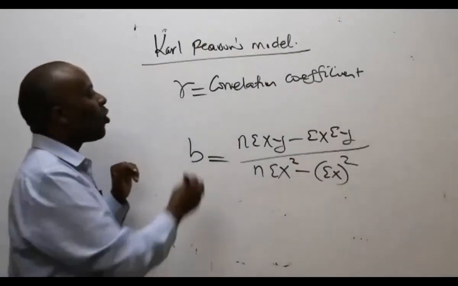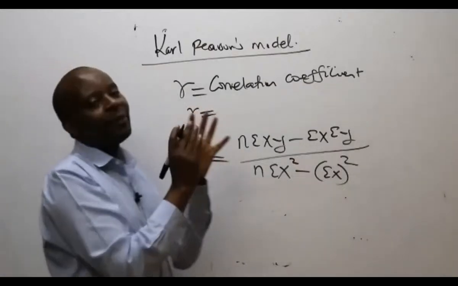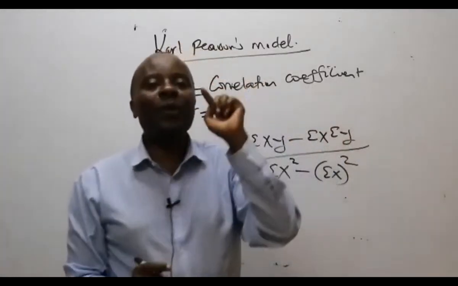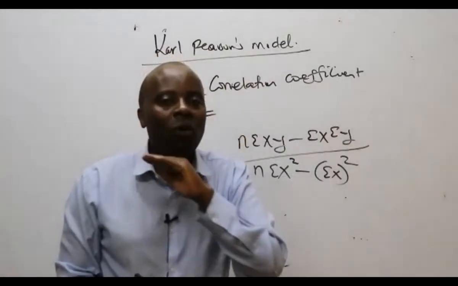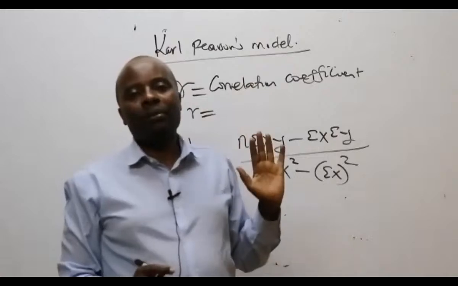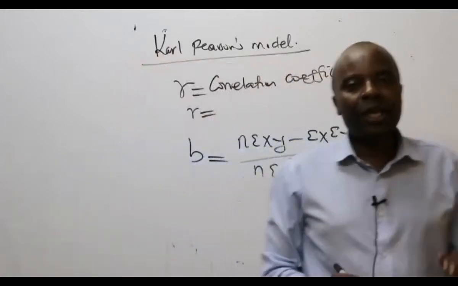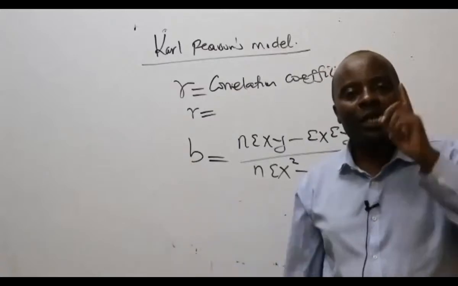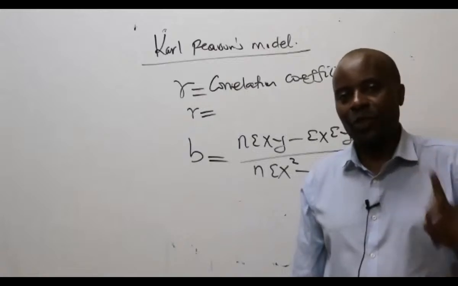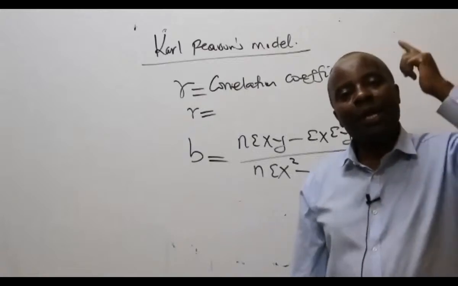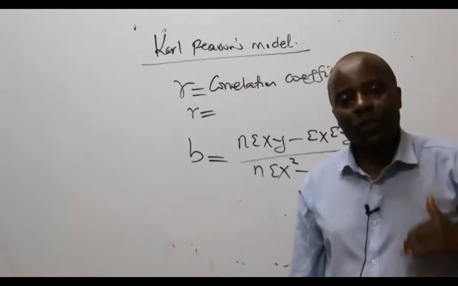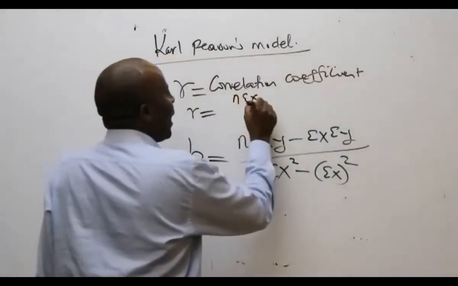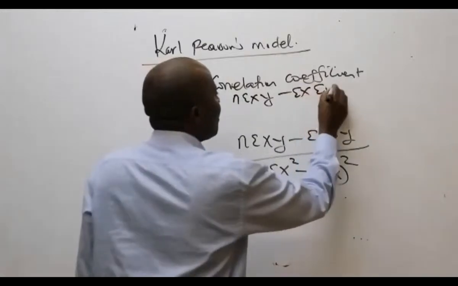When you tell me to give you the correlation coefficient, I may forget so many things, but there is one thing I will never forget: the numerator of R and the numerator of B are the same. So we have here n summations of xy minus summation of x, summation of y, all over.